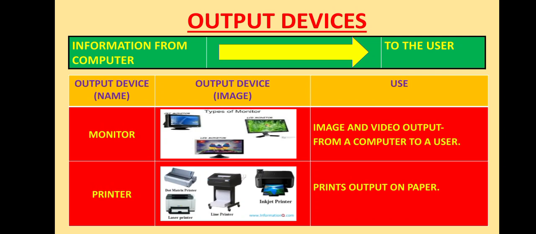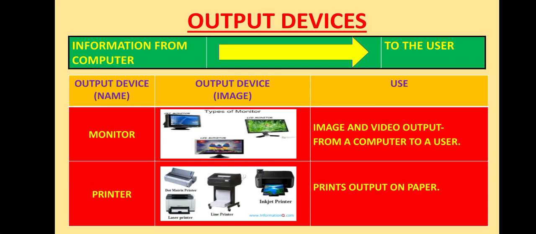The most commonly used output device is the monitor. Monitor is used to give image and video output. As you can see in the picture, there are different types of monitors like CRT monitor, LCD monitor, or LED monitor.